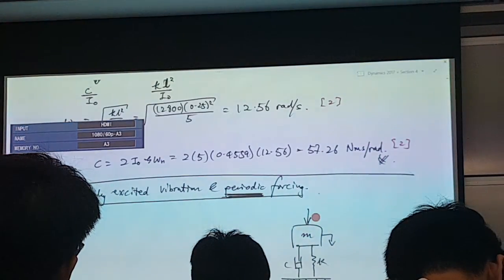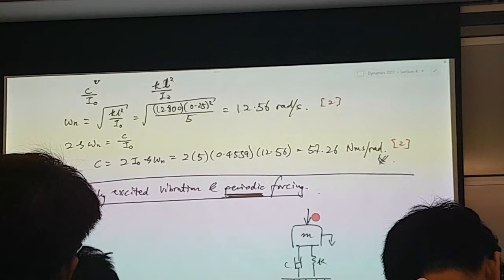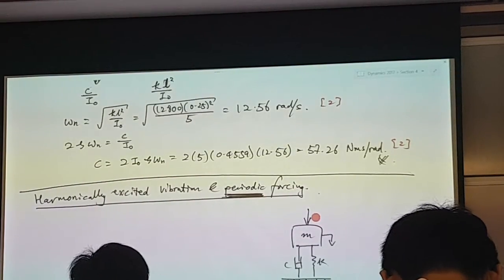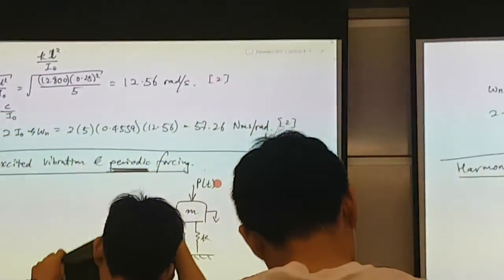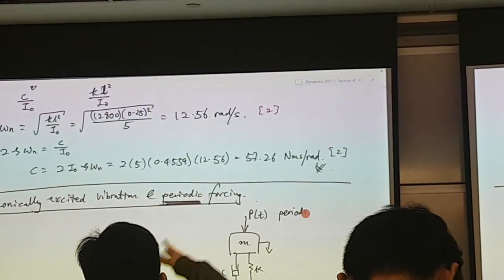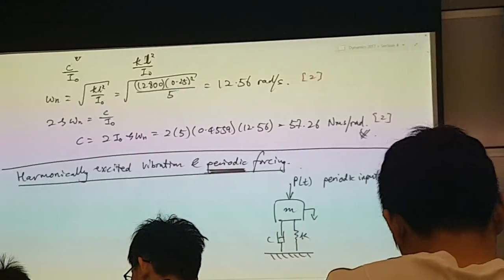And then this arrow over here, conventionally we were writing Ft, but in order to know the difference between a step force and a periodic force, I'm going to use Pt to represent periodic force. So this one here, Pt, is my periodic input force. It's not step. Today we're talking about periodic.